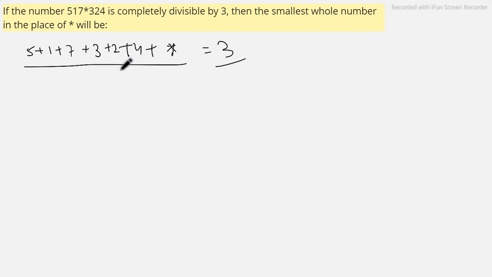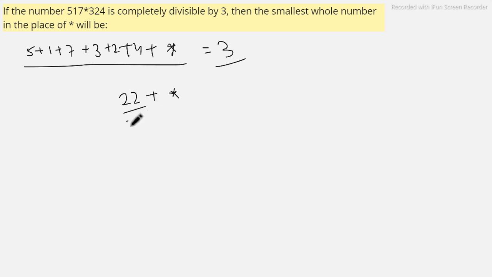So on adding, what we get? 5 plus 1 plus 7 plus 3 plus 2 plus 4, so we are getting 22 plus star. So here it is asking the smallest whole number. So here we have got 22.